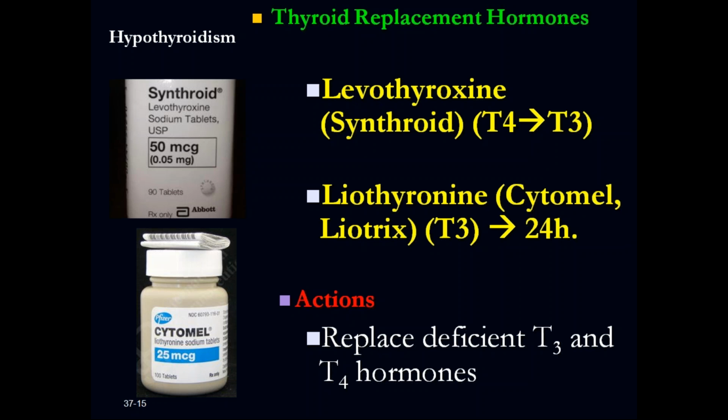All right, so with the liothyronine we don't need to wait for T4 to be transformed into T3. T3 is the hormone that goes to the target cells. So the cells are going to receive the T3, not the T4. Okay. All right, so the actions replace deficiency of T3 and T4.